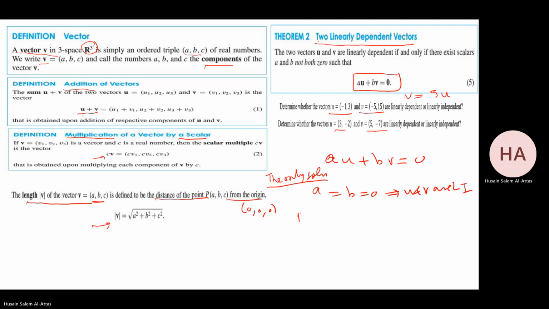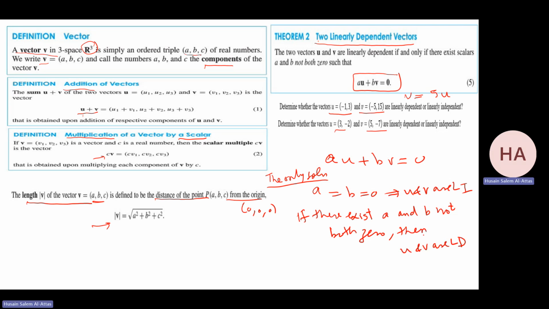If there exist A and B, not both 0, then u and v are linearly dependent.